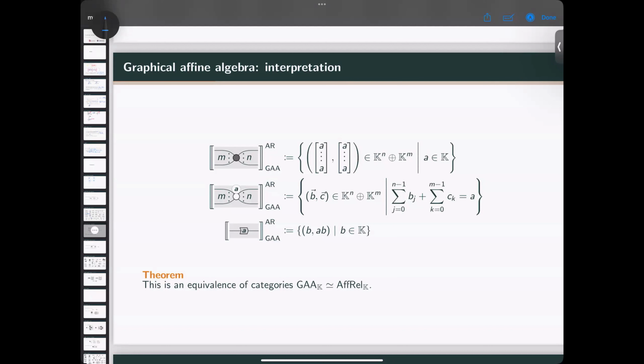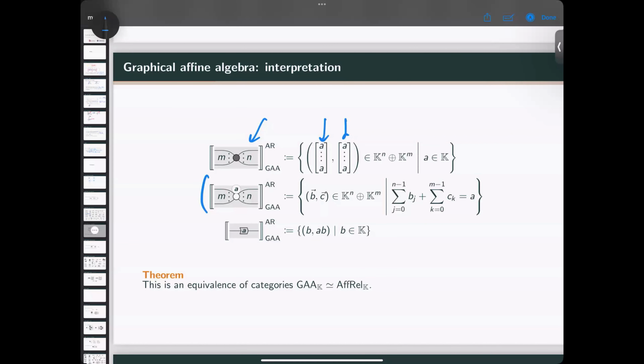What we have here is essentially that the black or gray spider is doing some kind of checking: if you feed it m copies of some element of the field, then it always outputs n copies of that same element. And then this white spider is a little bit trickier.